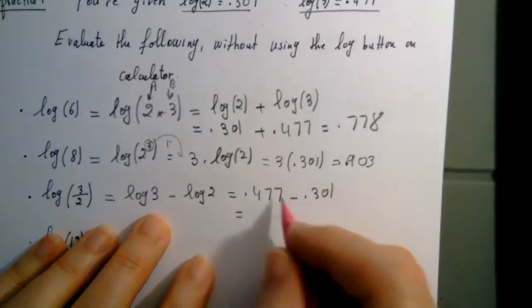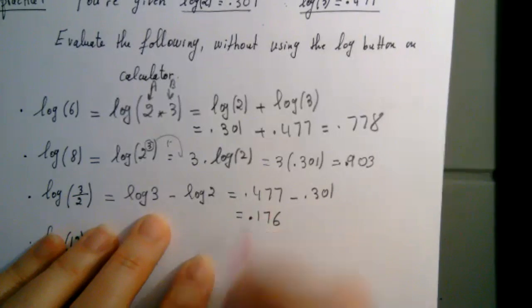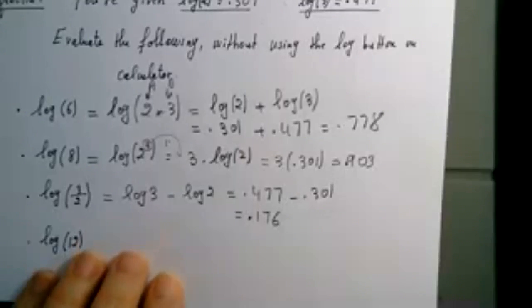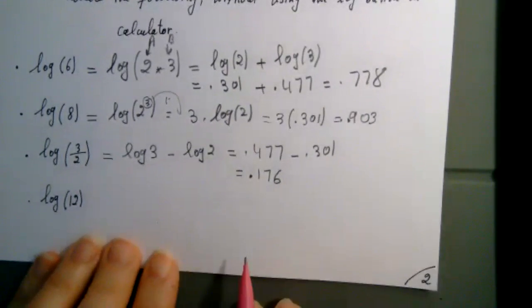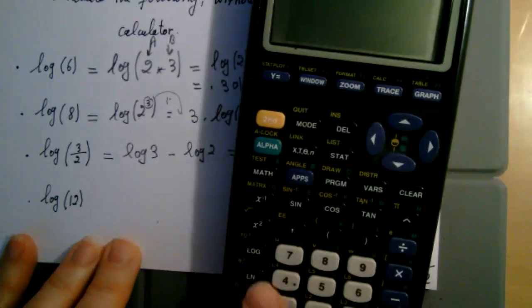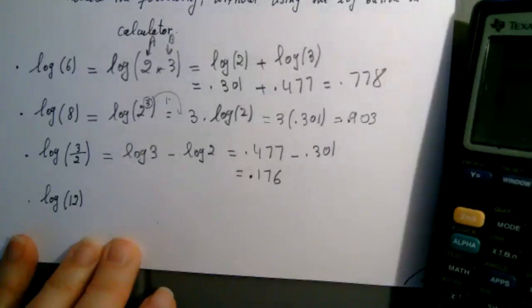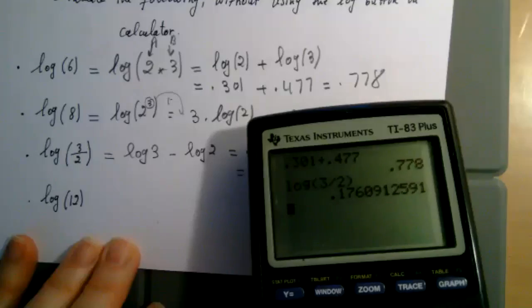So I'm going to get a 0.176. What is that, 3/2? Yes, 3 over 2. Okay, so let me check. According to my calculator, what's the log of 3/2? It's 0.176. Even my calculator is giving me the same.